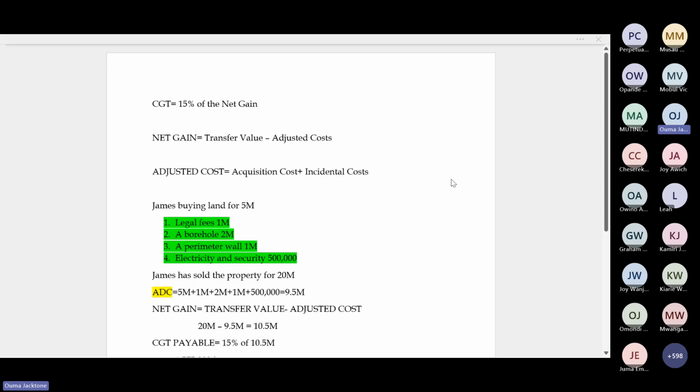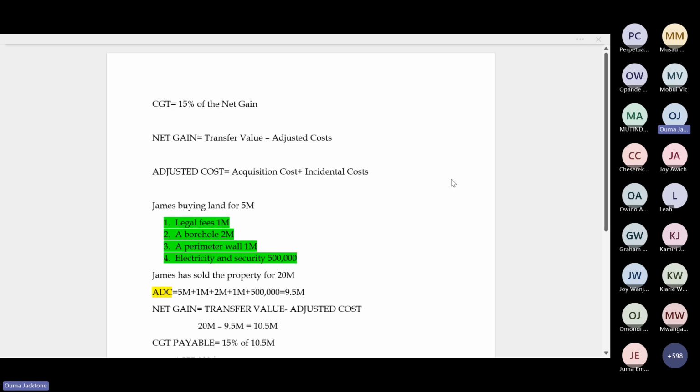Now, after the role of the Central Bank of Kenya, you also need to understand the question of licensing of digital lenders. You've seen this.